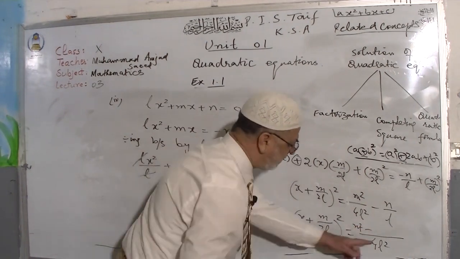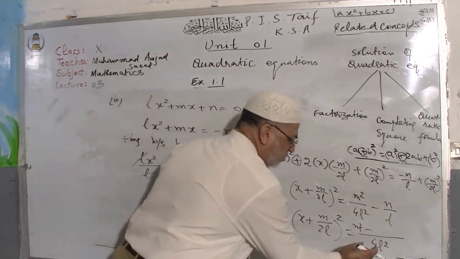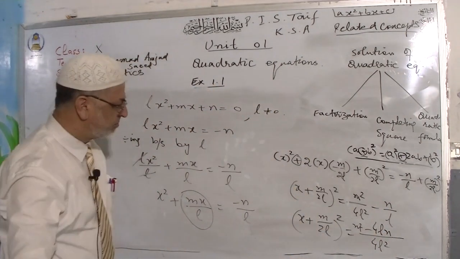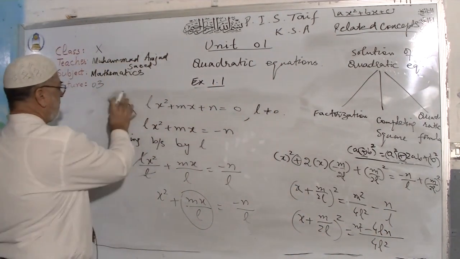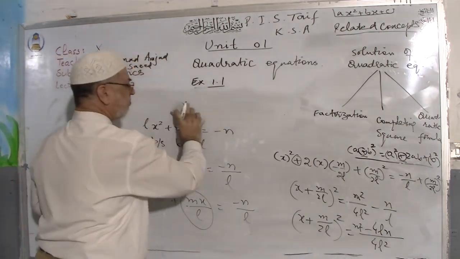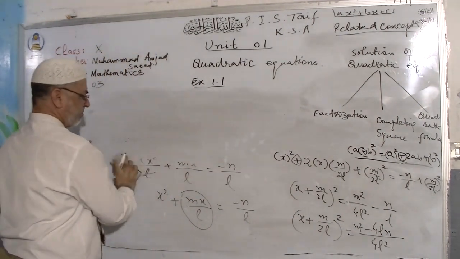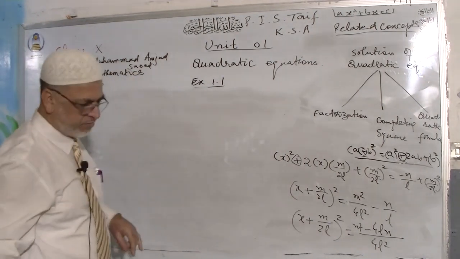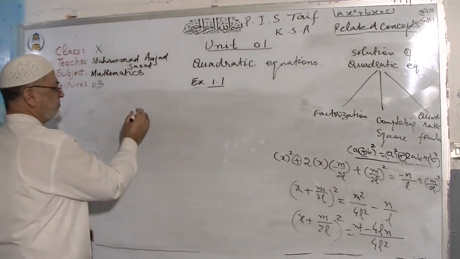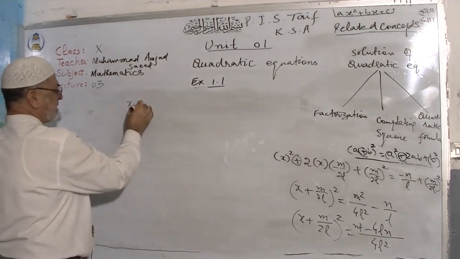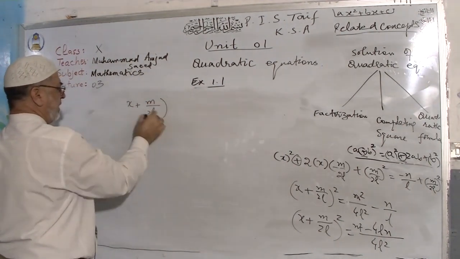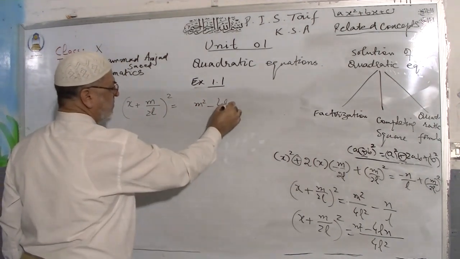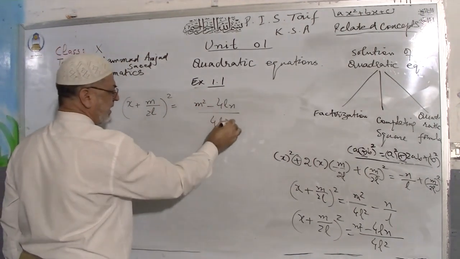M square over 4l square is cancelled with that, so 4l left, 4ln. X plus m over 2l whole square equals m square minus 4ln over 4l square.